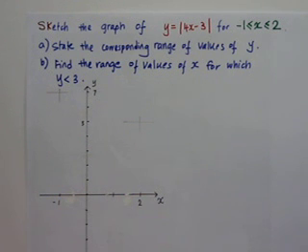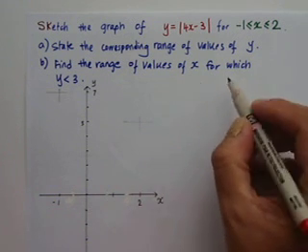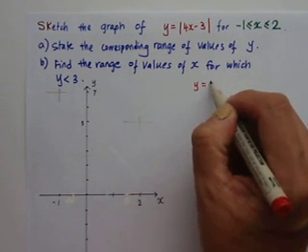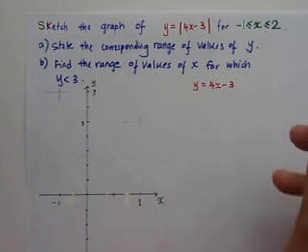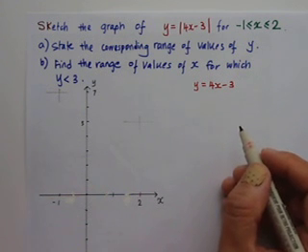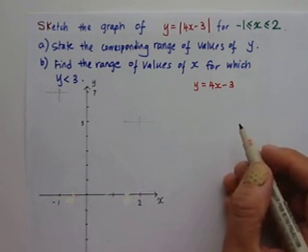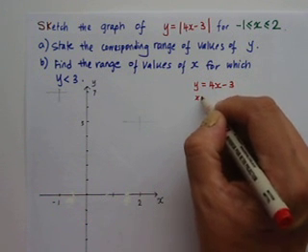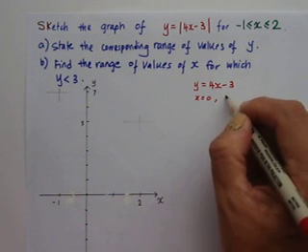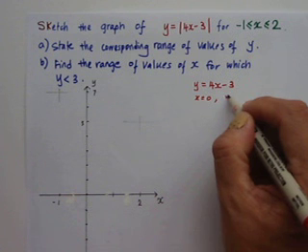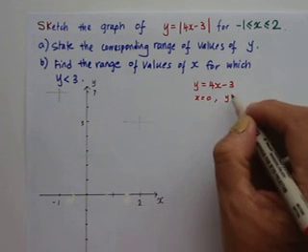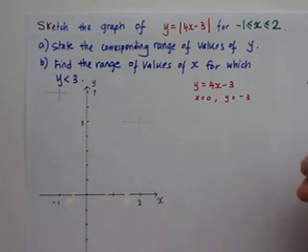4x minus 3 without the modulo sign. We always consider y equals 4x minus 3. We look at the intersection with the x and y axis. When x equals 0, y is minus 3.